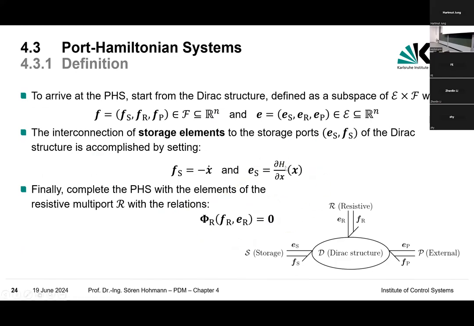It is an implicit form, and it's necessary to make this implicit form explicit to have an input-output relation. To make it explicit, we need to solve for a specific variable, eR or fR. A sufficient condition is that it's linear with respect to this variable. It's not necessarily linear in total, but linear with respect to this variable, because then I can solve for it. It's a simple equation.